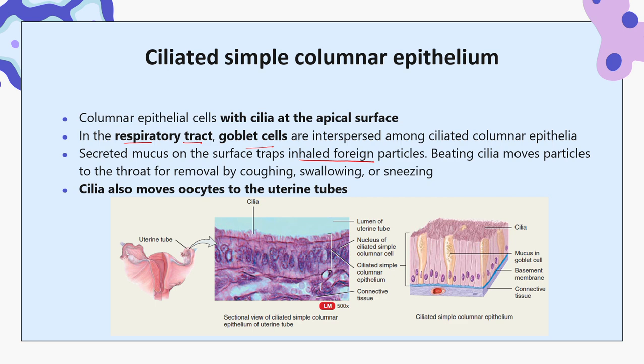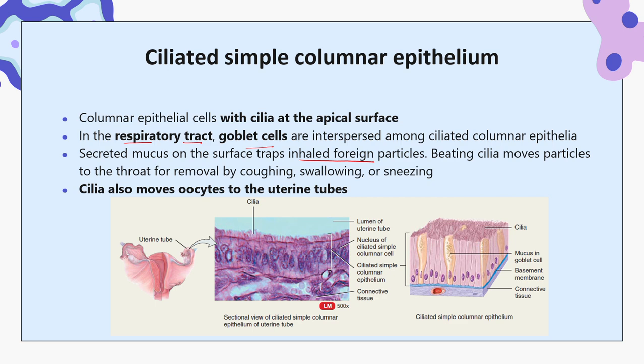As ciliated simple columnar epithelial tissue is present in the respiratory tract, it contains goblet cells, and goblet cells are important for the secretion of mucus. So cilia are present as well as mucus is secreted.